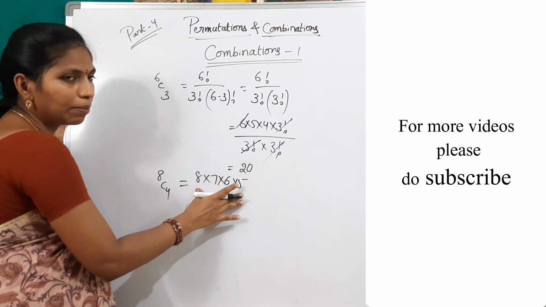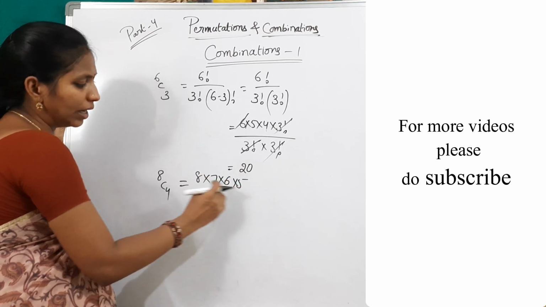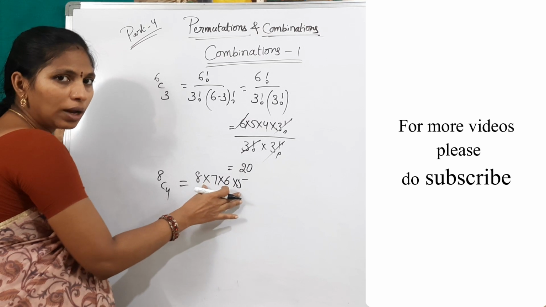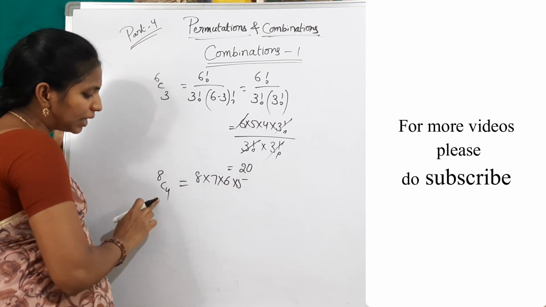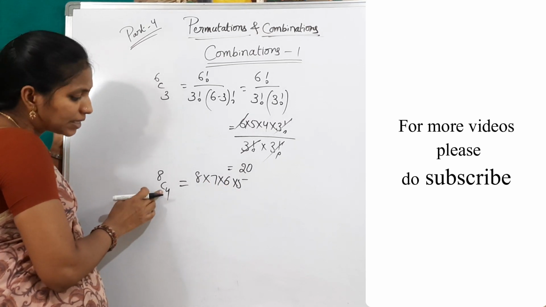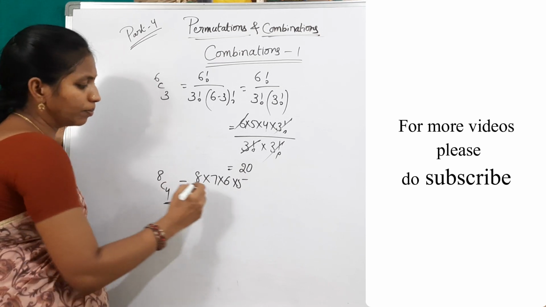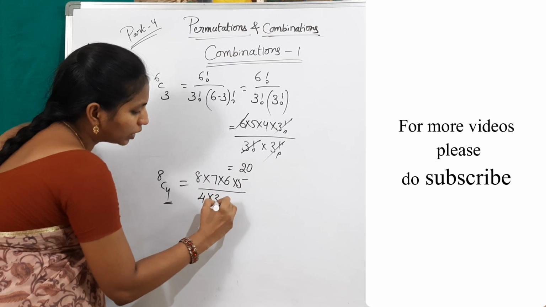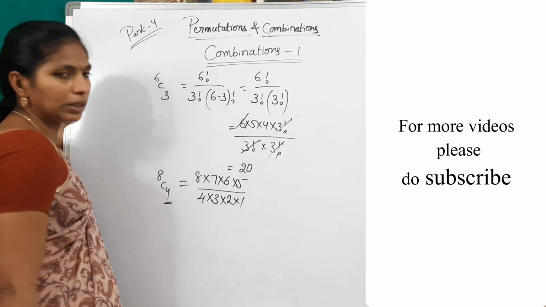Write 4 numbers, decreasing 1 by 1. Only 4 numbers at the numerator, because here 8C4. At the denominator write 4 into 3 into 2 into 1.